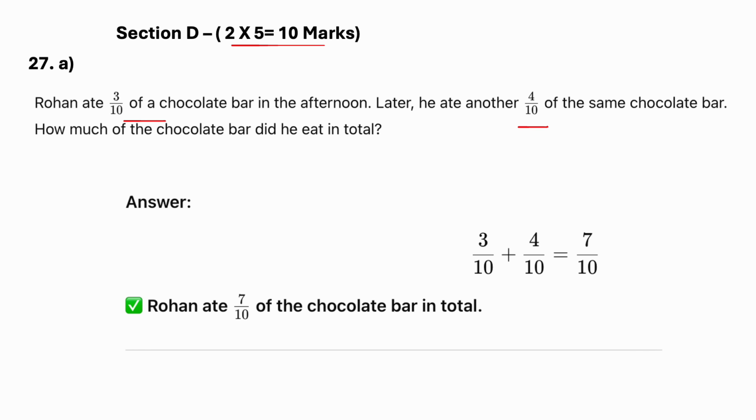So, total 3 by 10 plus 4 by 10. That is 3 plus 4 is 7. Here denominators are same. So you can write the same denominator itself. So 7 by 10. So Rohan ate 7 by 10 of the chocolate bar in total.